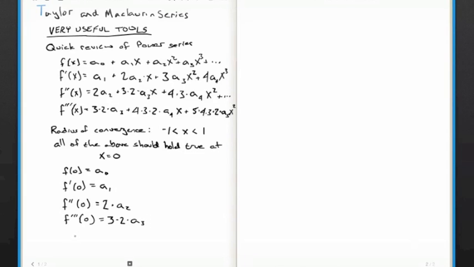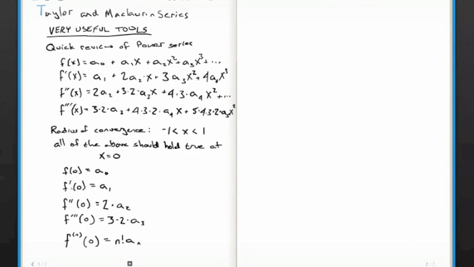And it appears I'm developing a pattern where the nth derivative evaluated at 0 is sure going to look like n factorial times a sub n. So Paige, you were wondering where the factorial comes from. There it is. Well, that's very, very useful to us, because if I wanted to go back and plug in what my a sub 0 and my a sub 1 are, this says a sub 0 is just f of 0.